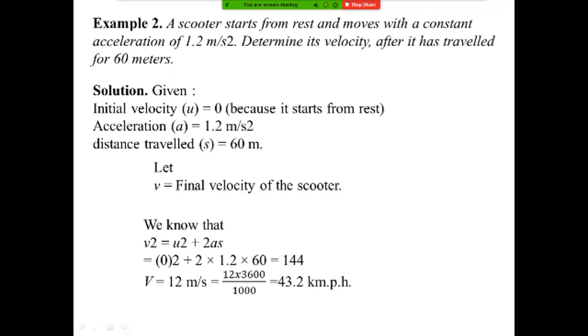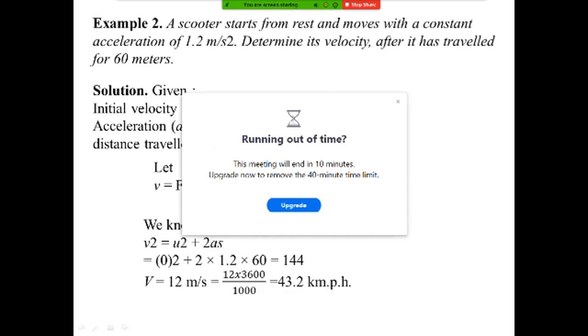I know u is 0 because the scooter starts from rest, that's why the initial velocity is 0. Acceleration is 1.2 meter per second squared, and distance is 60 meters. I substitute all these values, and I got the final velocity as 12 meter per second.